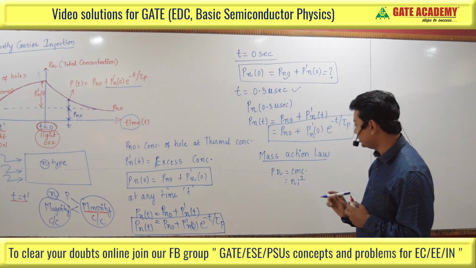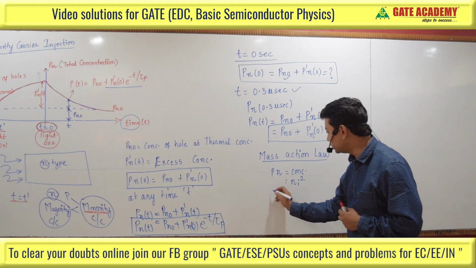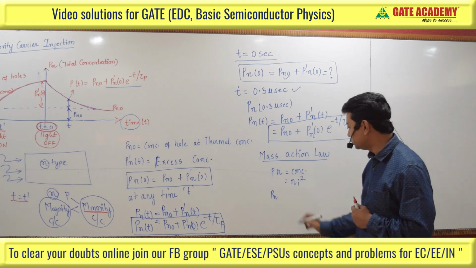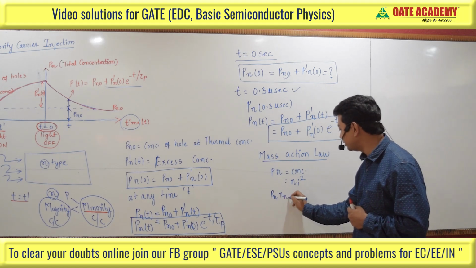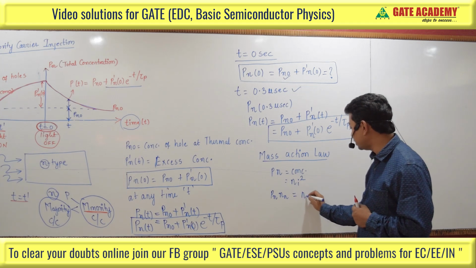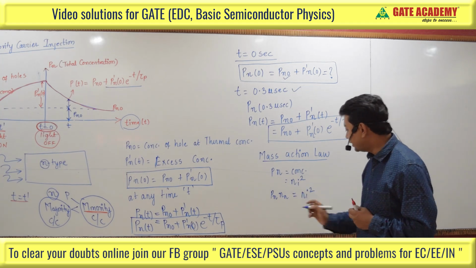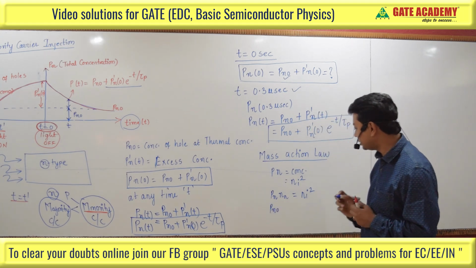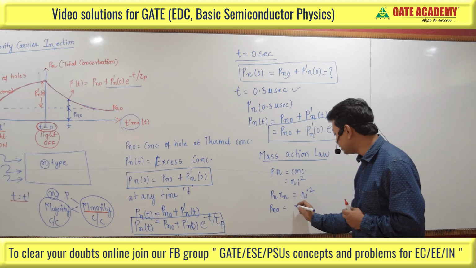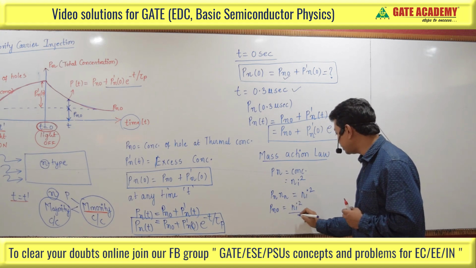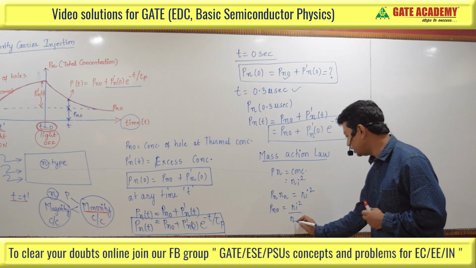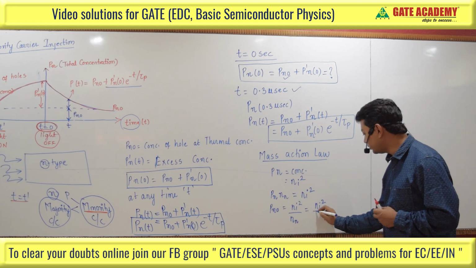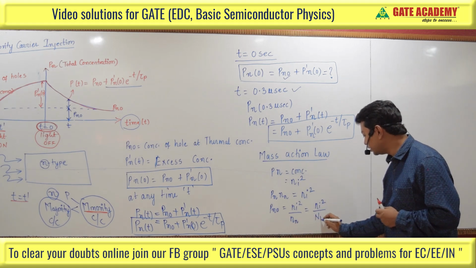Since we have considered this semiconductor is of n type, the same mass action law equation can be applied to an n-type semiconductor. So this is Pn and this is Nn, and this is equal to ni squared. Since we are finding the value initially, that is at thermal equilibrium, Pn0 is nothing but ni squared divided by the concentration of electrons in an n-type semiconductor.